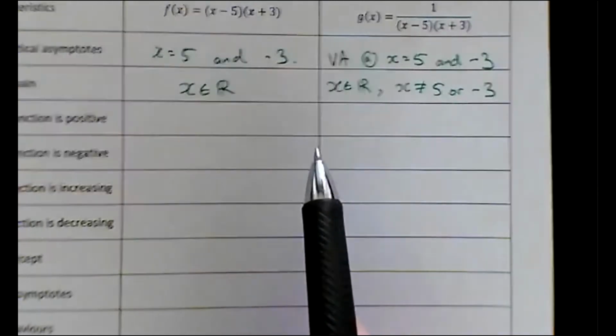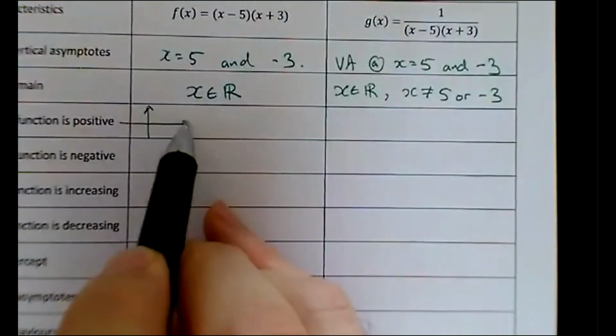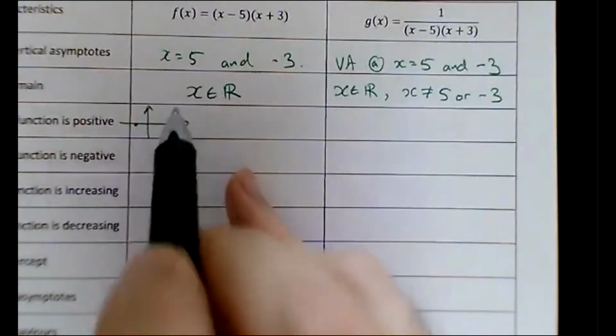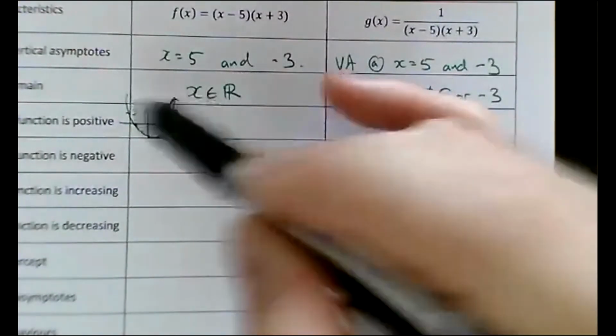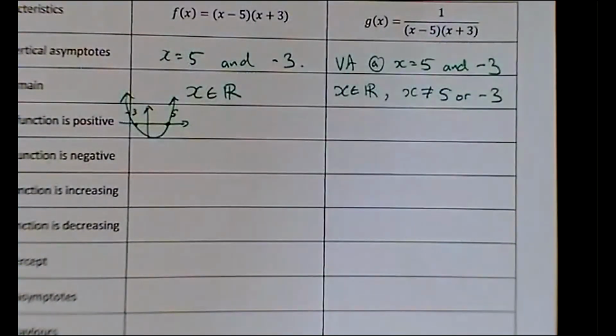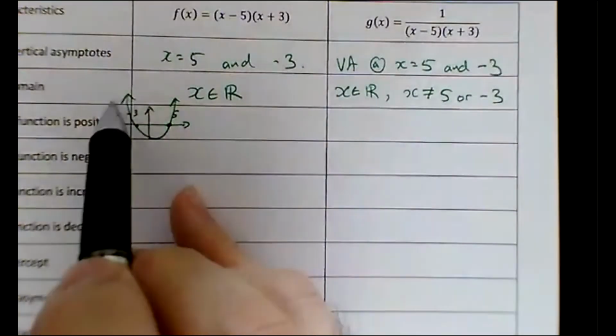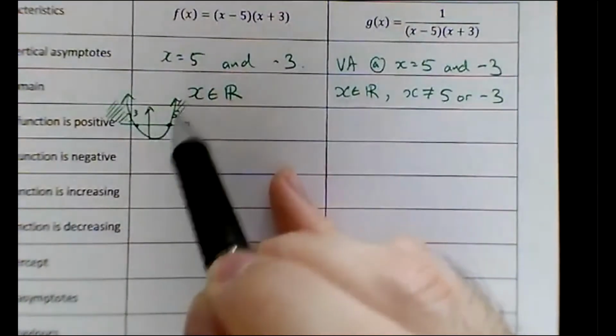Same. Let's do it. I'm going to quickly sketch this function just to give you an idea of what it looks like. This is a 5, that's a -3, and we have a parabola. When is this section positive? Here and here.